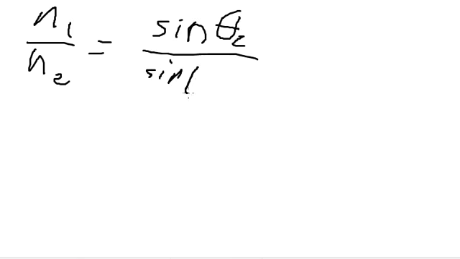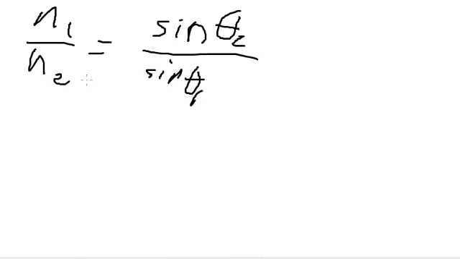So we're going to write out the equation first. N1 over N2 is equal to sine theta 2 over sine theta 1.